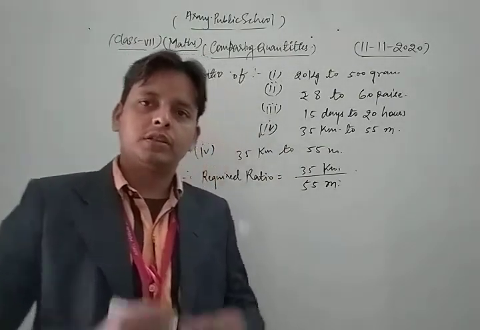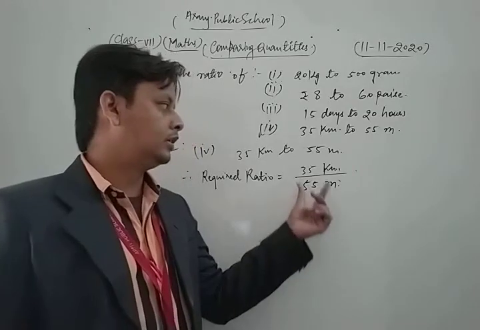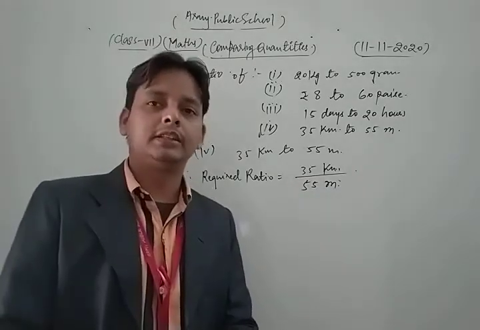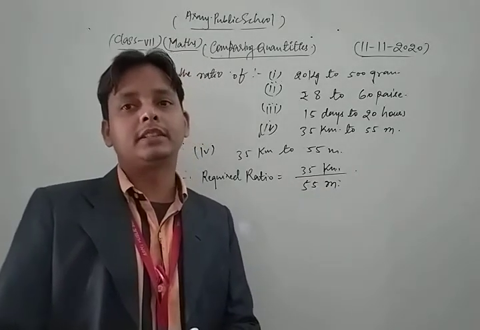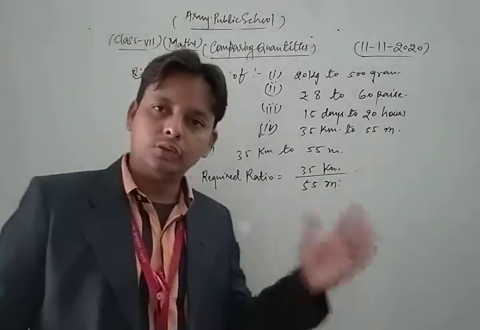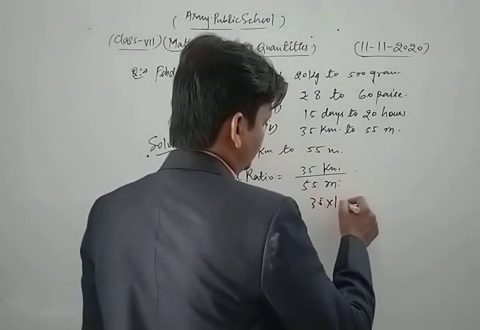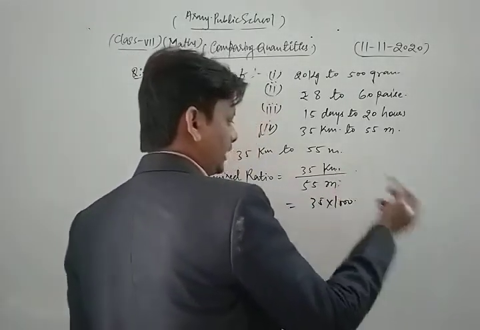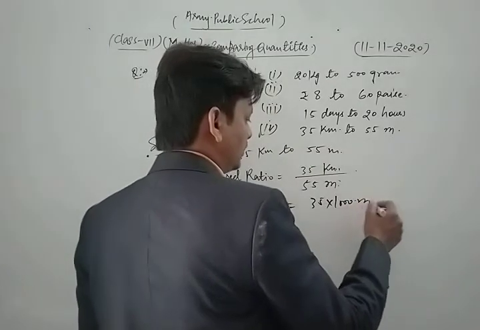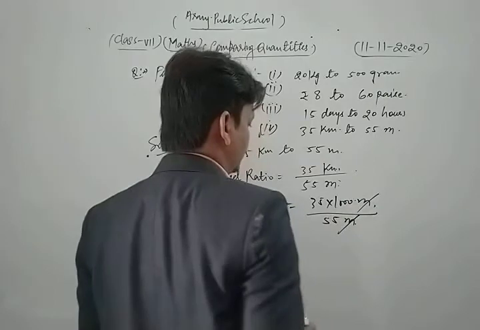Dear students, first of all we know the relationship between kilometer and meter. There are 1000 meters in 1 kilometer. So first of all we convert kilometer into meter. We can write 35 into 1000 meter upon 55 meter. Meter cancels meter.